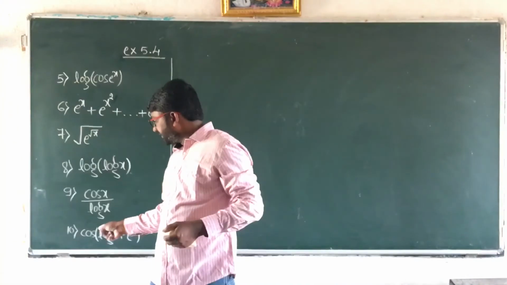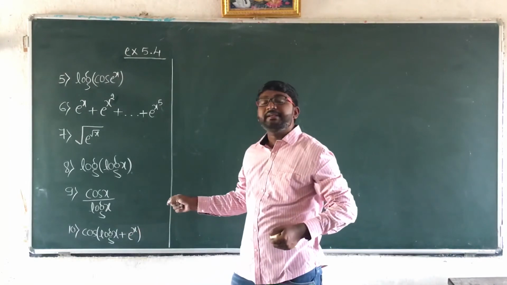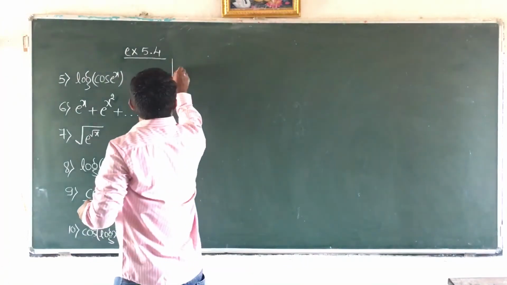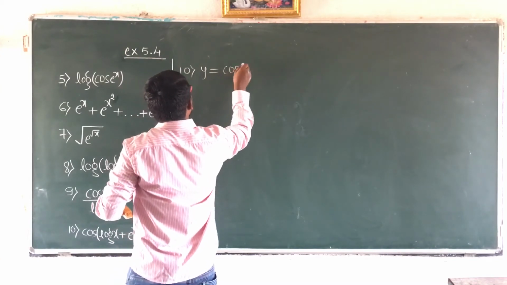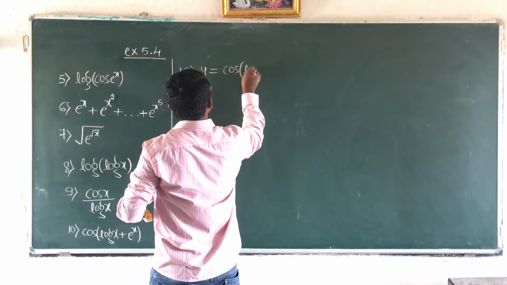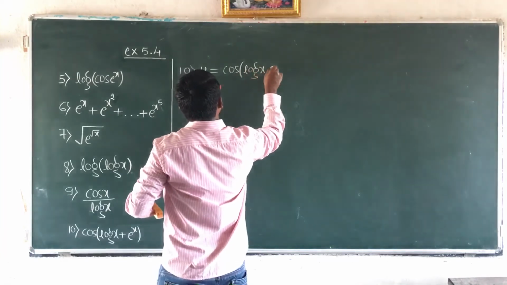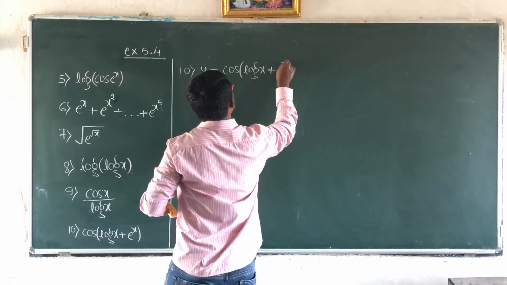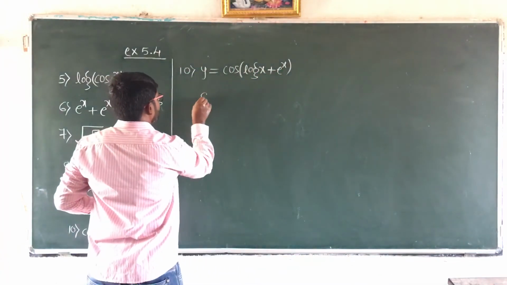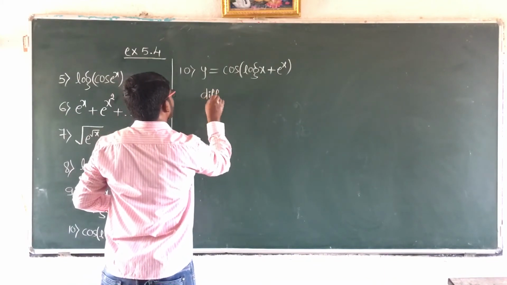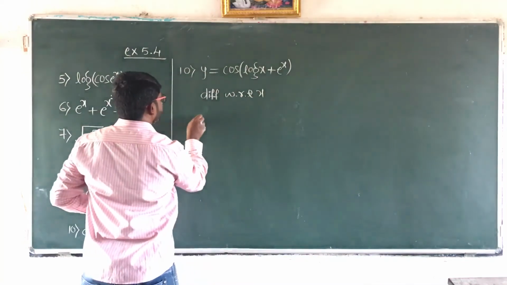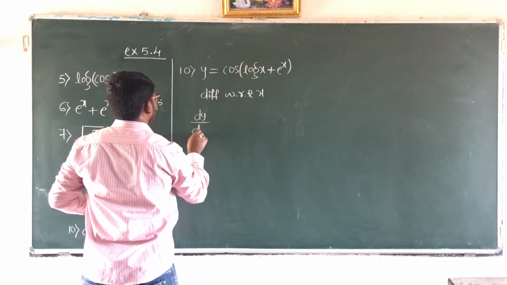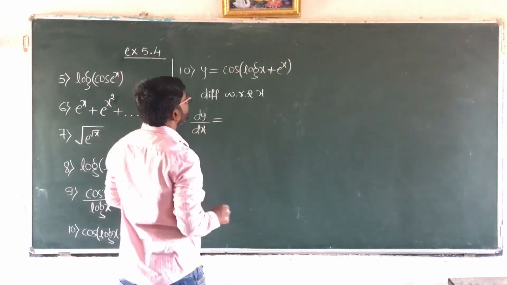The next problem, it is cos of log x plus e to the power x. So 10th one, y is equal to cos of log x plus e power x. So here differentiate with respect to x. So we get dy by dx is equal to, now take the derivative of this.